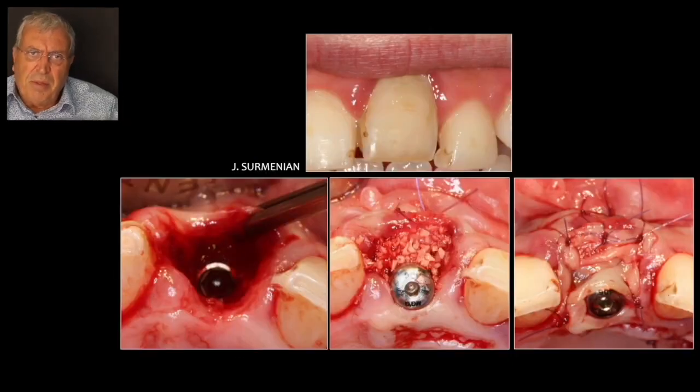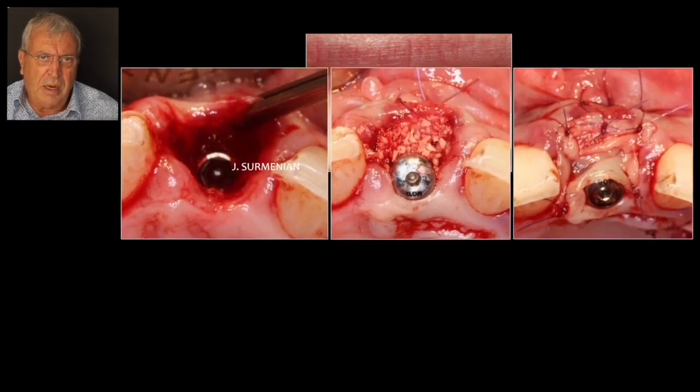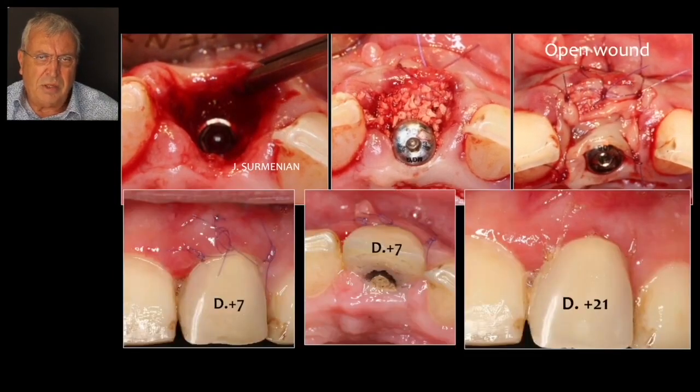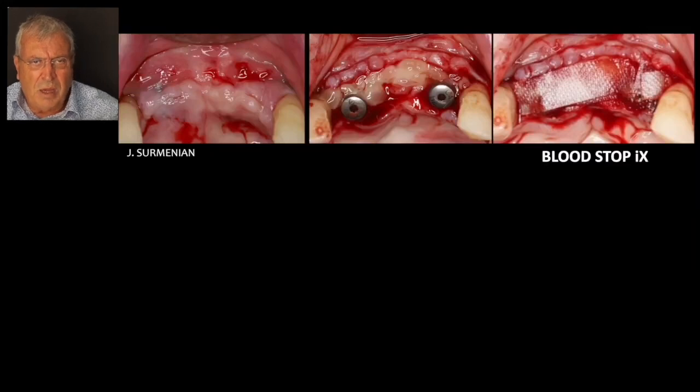We place an implant. We are in an aesthetic zone. The aesthetic challenge is huge. But it's difficult to close. No worries. Don't close. And then you will get a keratinized tissue. We are getting help now from 2 new products.